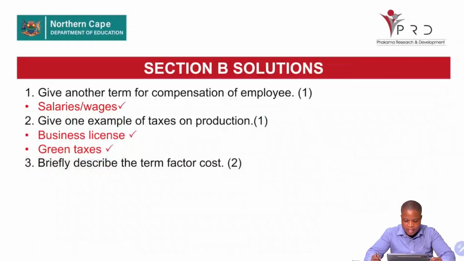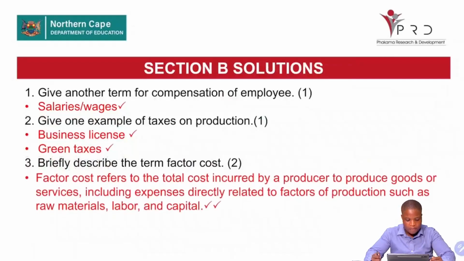Briefly describe the term factor cost. Factor cost refers to the total cost incurred by a producer to produce goods or services, including expenses directly related to the factors of production, such as raw material, labor, and capital. So factor cost is the cost of the factors of production. So it's the cost or the expenses of a producer when they are producing goods and services.